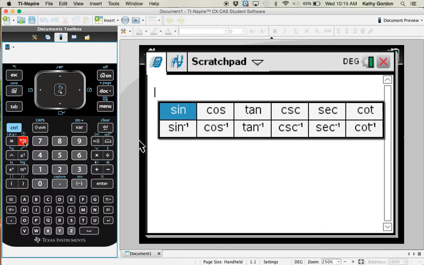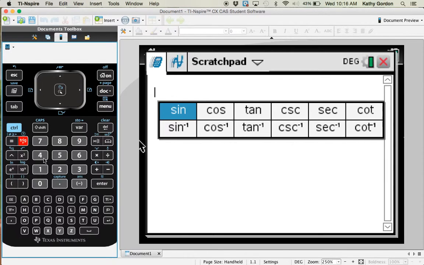Back in the old days of the TI-84s and some of the older calculators, you would only get sine, cosine, and tangent as buttons to use. And then if you wanted the cosecant, the secant, or the cotangent, you would have to find sine and then take 1 over sine to get cosecant. You would have to get the cosecant yourself. But the TI Inspires actually have all 6 of them there ready for you to use. So you just pick the one you want.